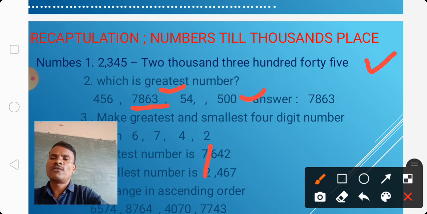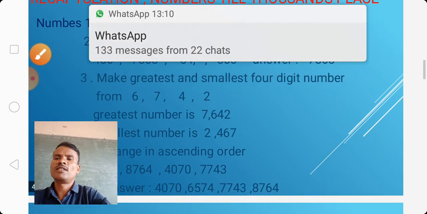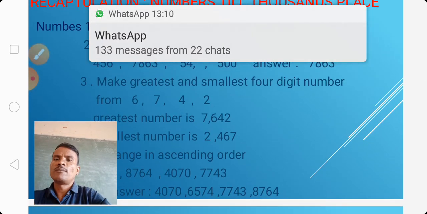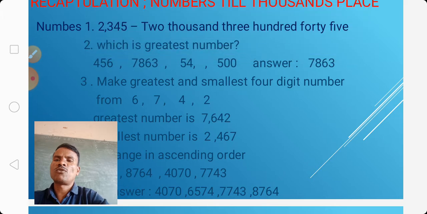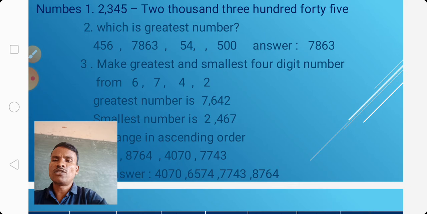Now come to the next example, the third one: make the greatest and smallest 4 digit number from 6742. In order to form the greatest number, we first identify the biggest digit.